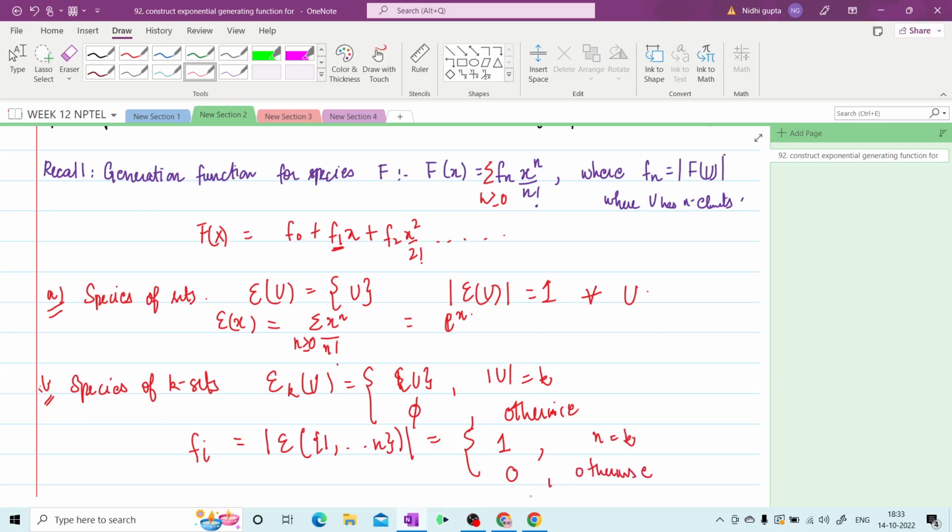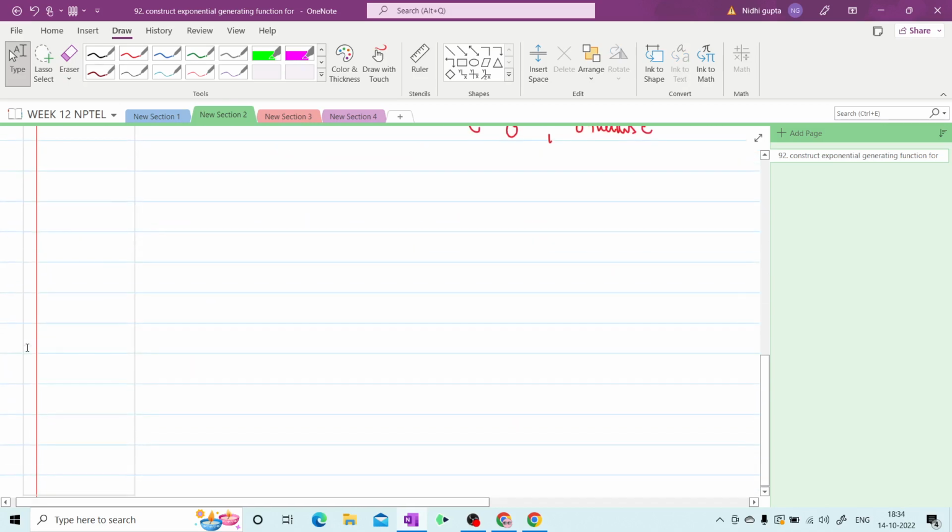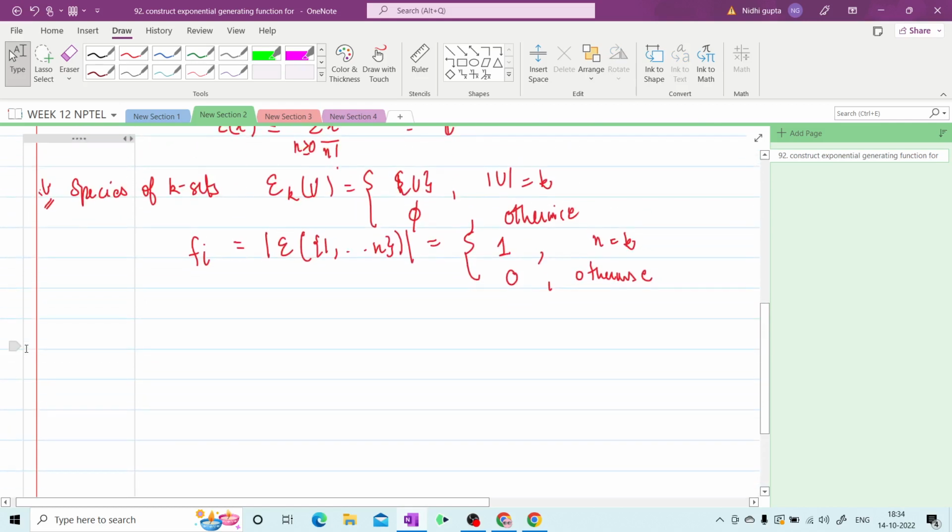So what will be the exponential generating function for this species? All coefficients except the coefficient of x^k are 0, so the power series will be just x^k by k factorial.